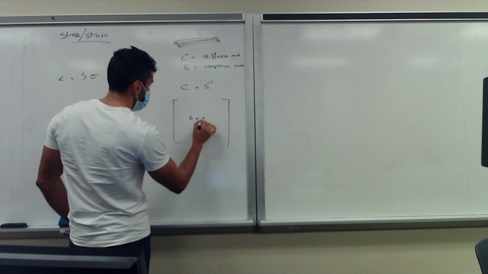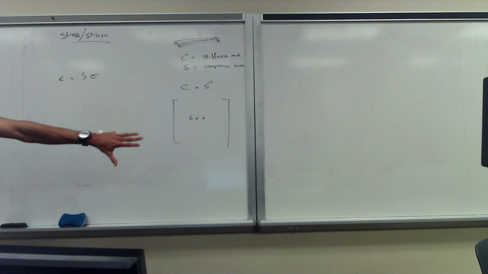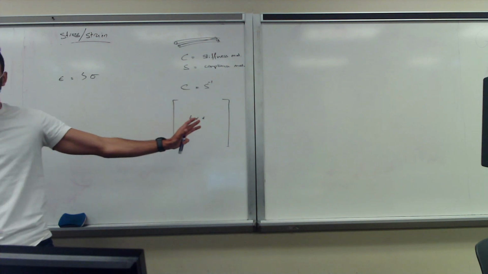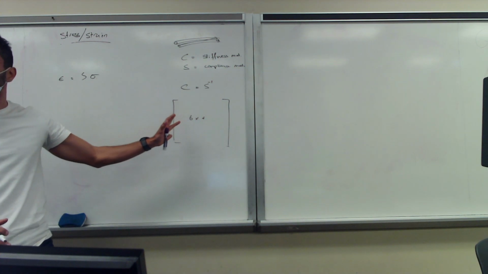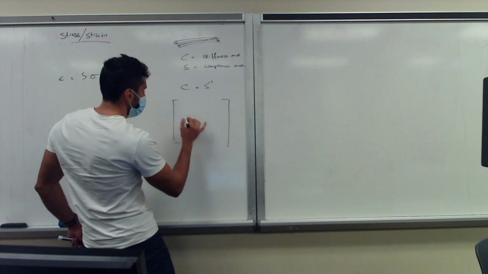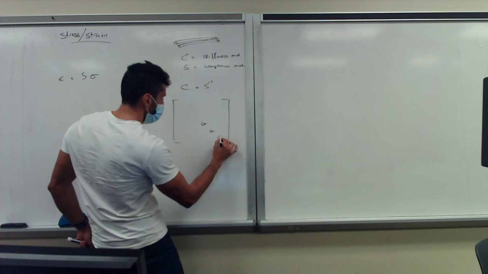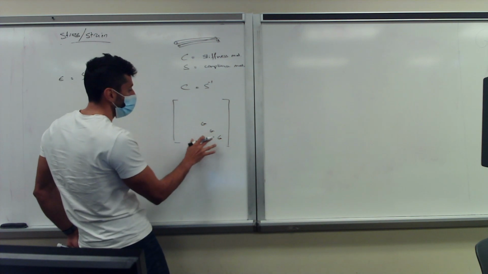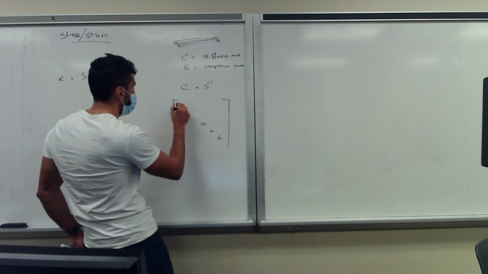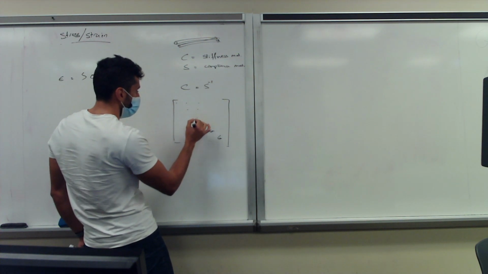a 6 by 6 matrix. And depending on how anisotropic the material is, all 36 components can be filled in. The majority of the time, you will have a bunch of assumptions, or you have your shear components activated by the G modulus, and then you will have 1, 2, 3, 4, 5, 6.